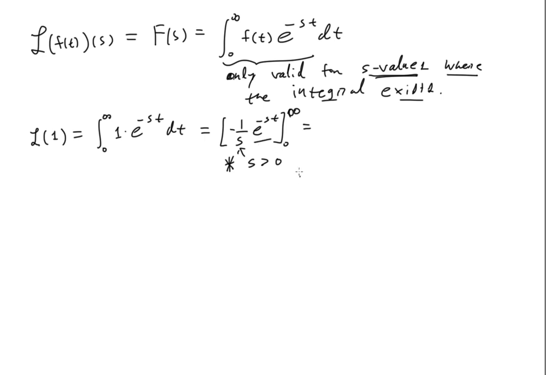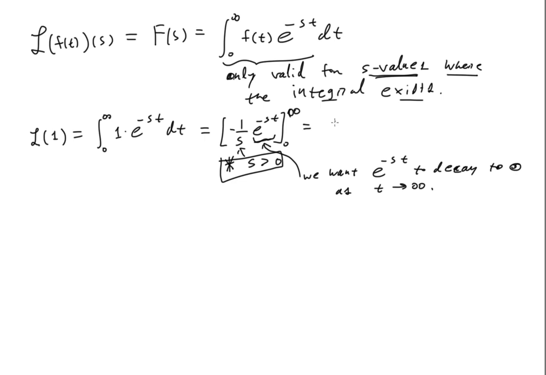But also we want e to the negative ts to decay to 0 as t goes to infinity. Okay, so that's really important that we make that proviso right there, that s has to be greater than 0. If s were negative or 0, the function simply wouldn't exist.